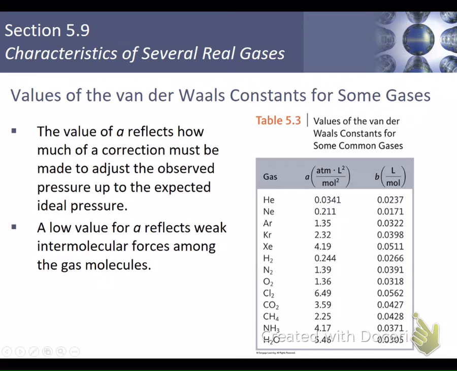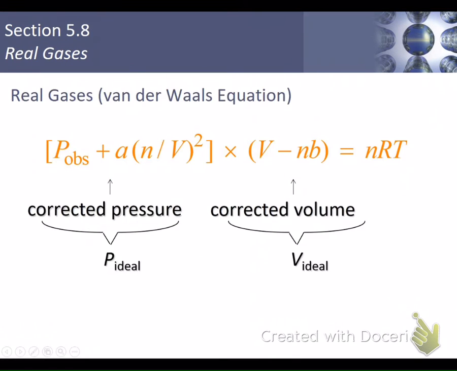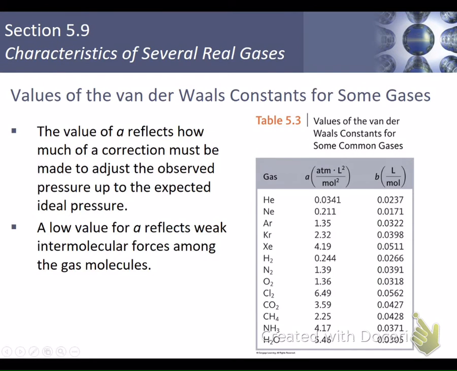So how do you interpret these values? Do they mean anything just looking at them? Yeah, for a, remember a was in, let's scroll up again, a was in this term that corrected for pressure, so this is the IMF factor. So when you go and look at these a values, the larger the value of a, the more IMFs affect that gas. So we can see here, for example, xenon has a relatively large value of a.